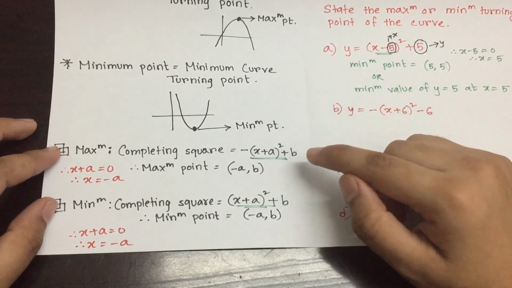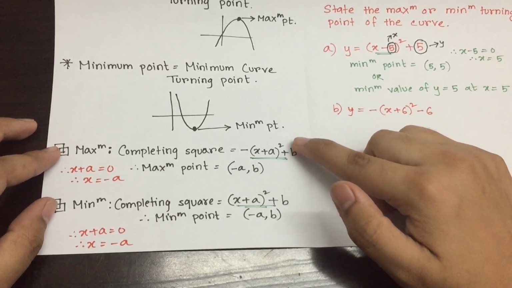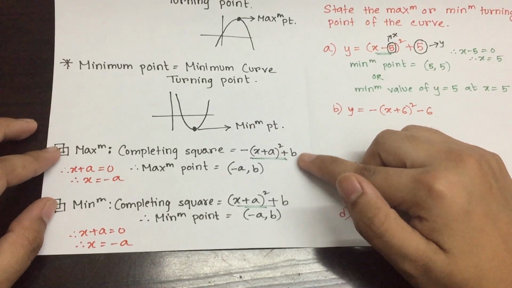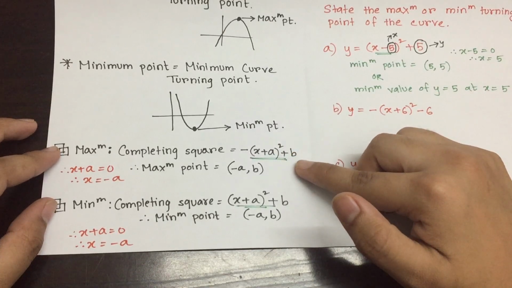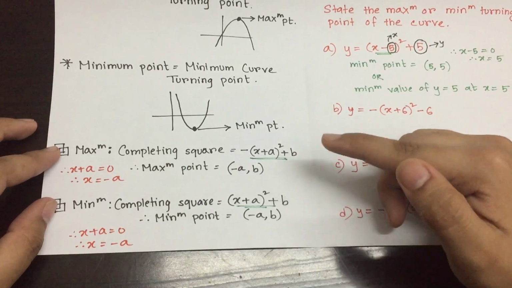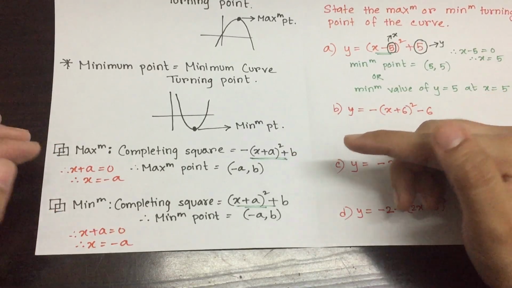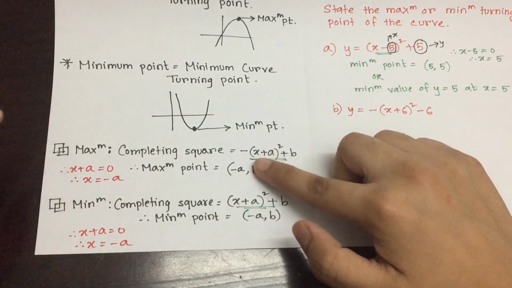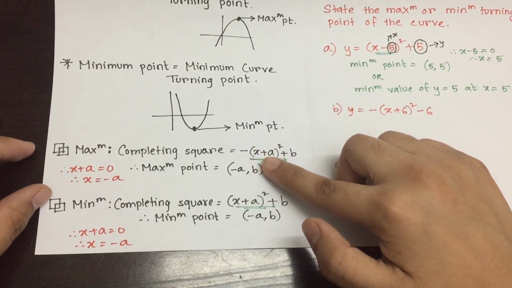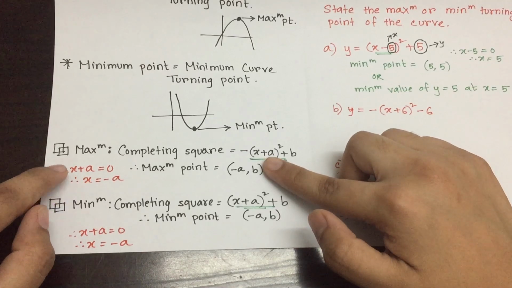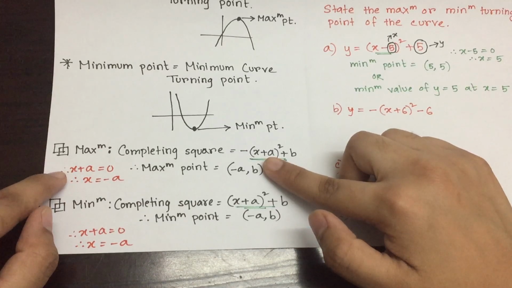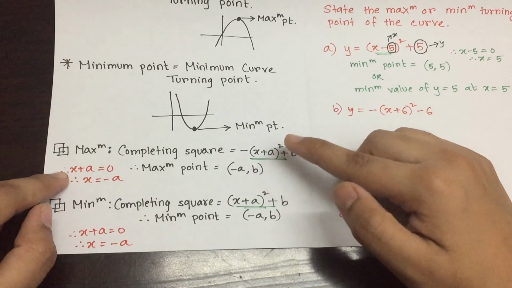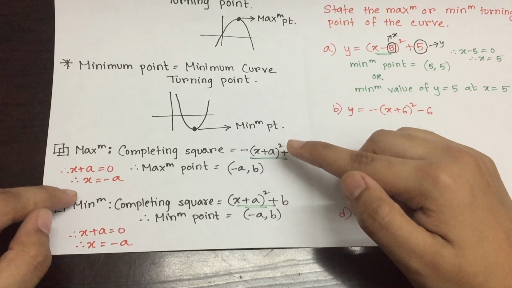I would like to tell you another thing: this b is actually the value of y here. In order to find the value of x, you take the expression inside the bracket, which is x plus a, and set it equal to 0, so x plus a equals 0. When we subtract a, we get minus a.